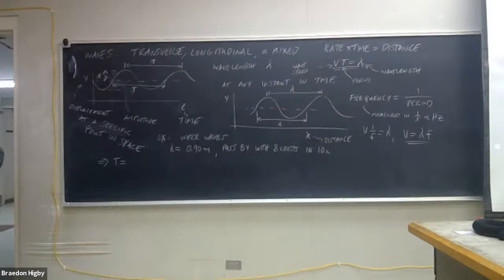What's the period of this oscillation if the wave crests pass by 8 of them every 10 seconds? Basically, the time interval between each crest. That's what we're talking about. That's what the period is. Anyone want to come up with something?